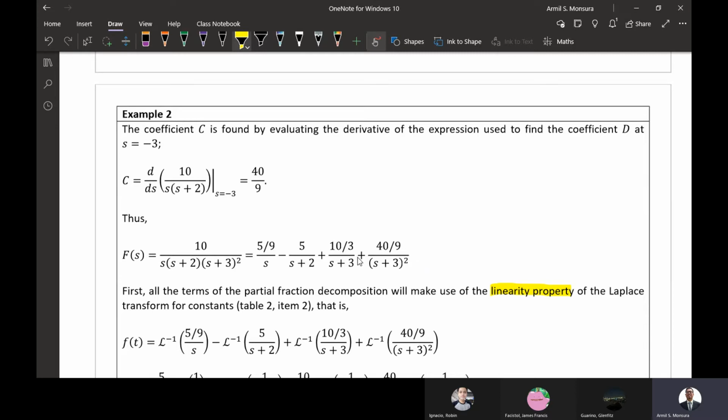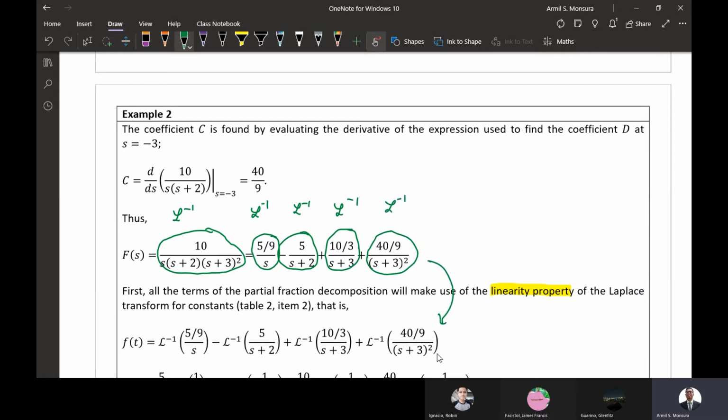So therefore, para makuha natin yung inverse Laplace transform niyan, isa-isahin natin yung pagkuha ng inverse Laplace transform nitong mga terms na to.